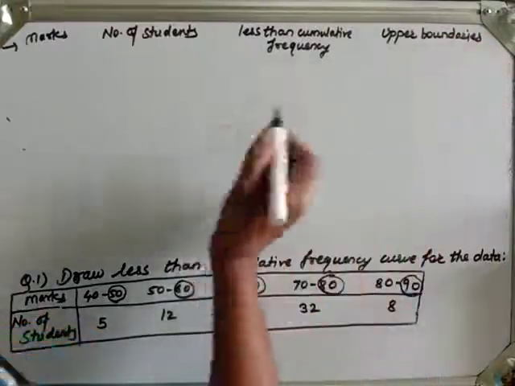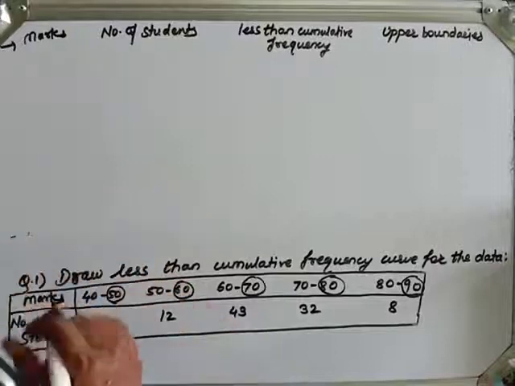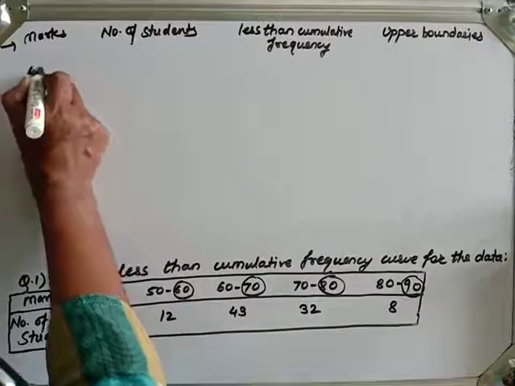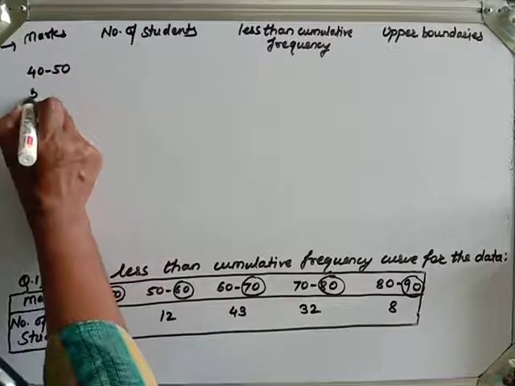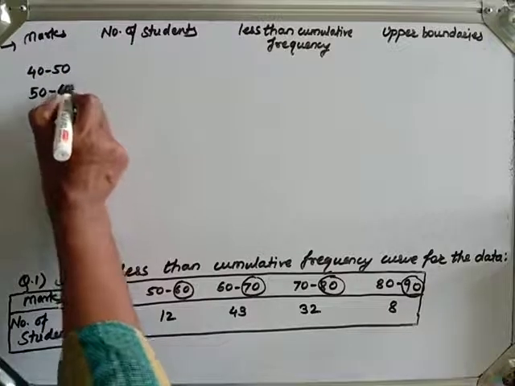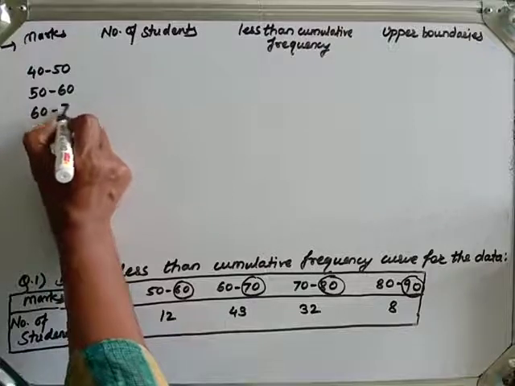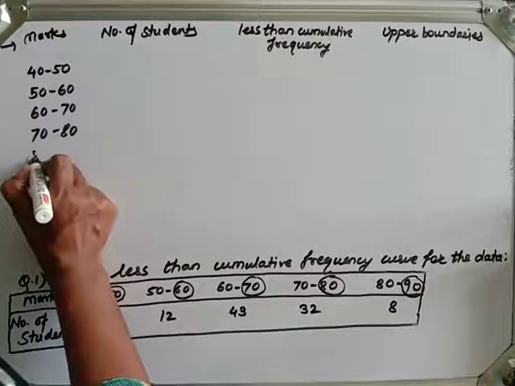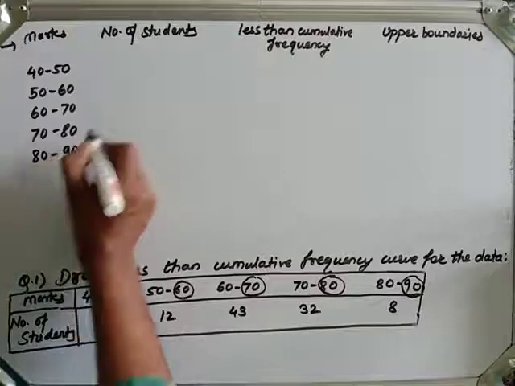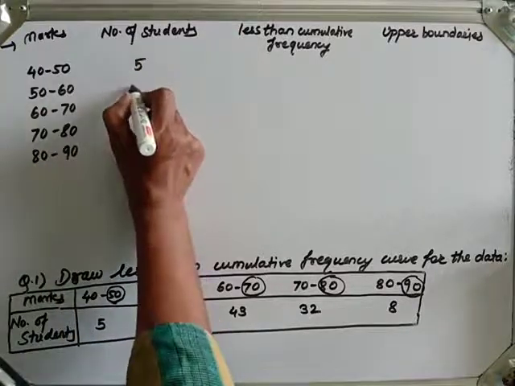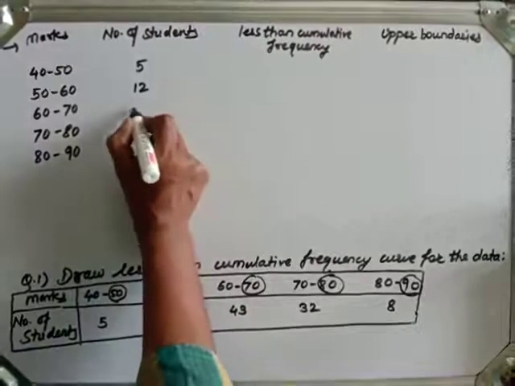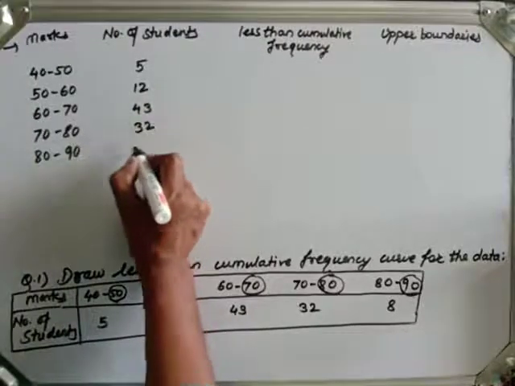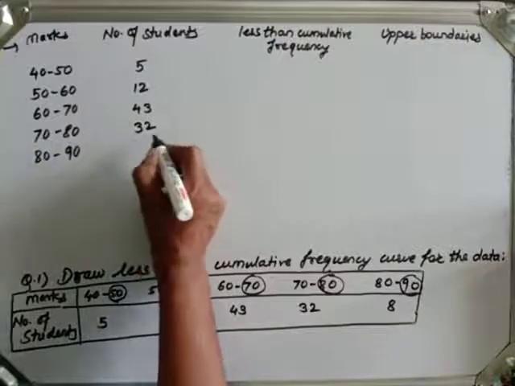Marks means the class intervals 40 to 50, 50 to 60, 60 to 70, 70 to 80 and 80 to 90. Students are 5, 12, 43, 32, 8.